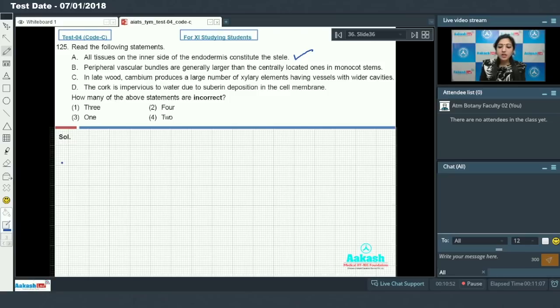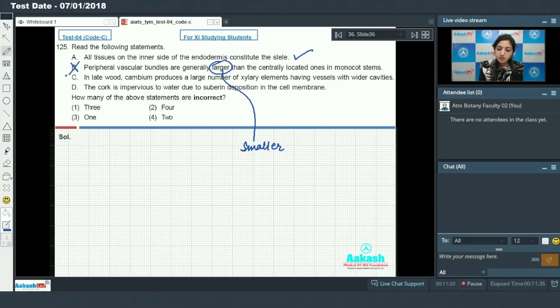This is correct. कि endodermis की inner side में जितने भी tissues हैं, they constitute stele. Statement B, peripheral vascular bundles are generally larger than the centrally located ones in monocot stems. Peripheral vascular bundles are generally smaller than the centrally located ones in monocot stems.